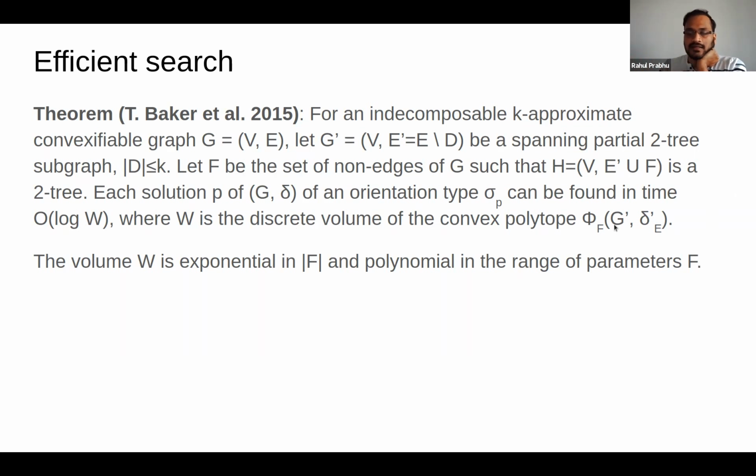I've done a uniform grid sampling on the configuration space, and W is the volume. This is just by doing binary search on all the different parameters. But you have to notice that W is exponential in the size of F, or it's polynomial in the range of F.